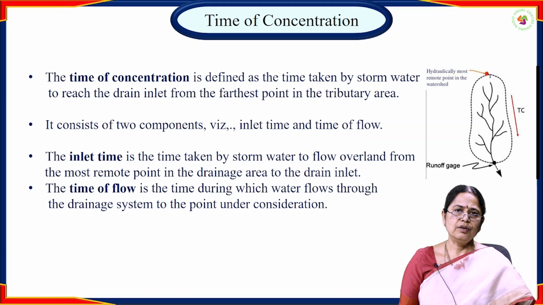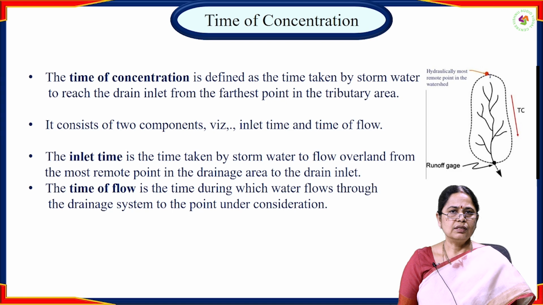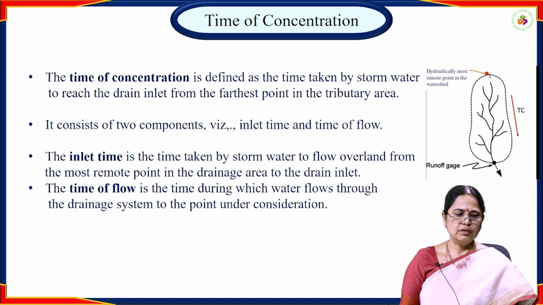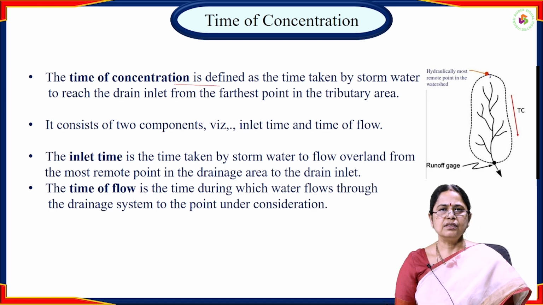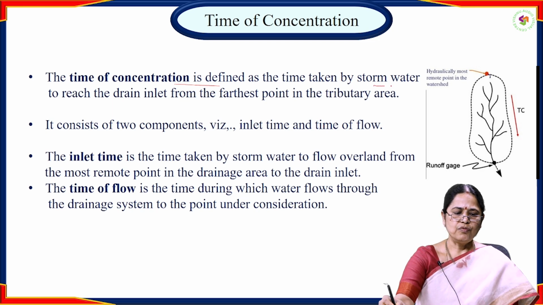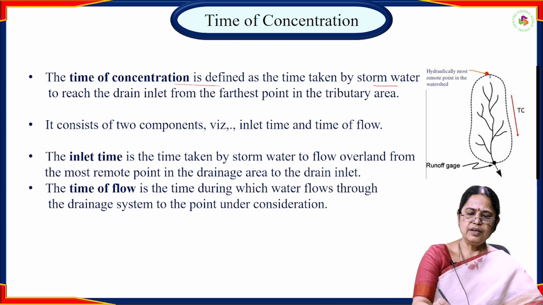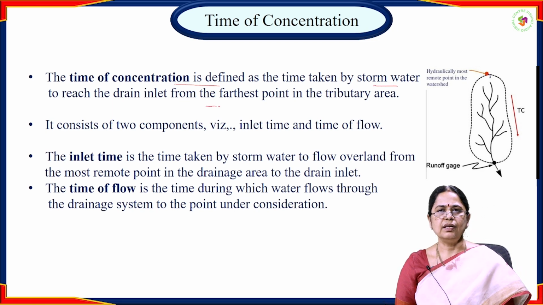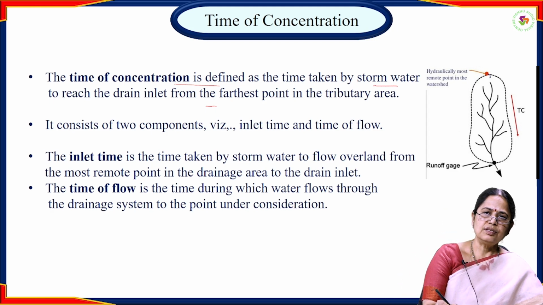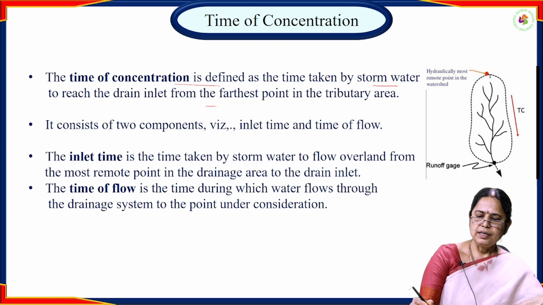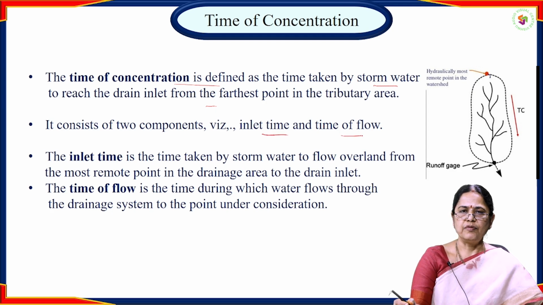So, now we are going to see the parameters used in the surface drainage design and also how we calculate those parameters. The time of concentration is defined as the time taken by the storm water to reach the drain inlet from the farthest point in a tributary. This consists of two components, that is inlet time and time of flow.